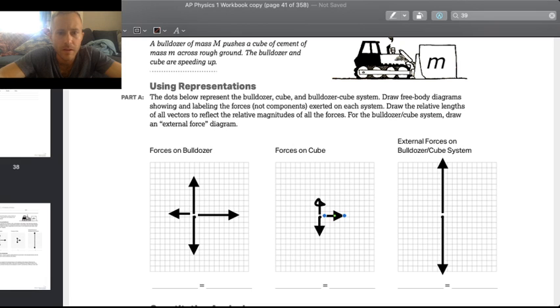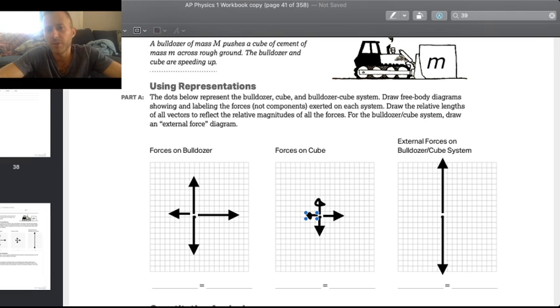Okay. And it also has to be smaller, like that, because the cube is also accelerating.